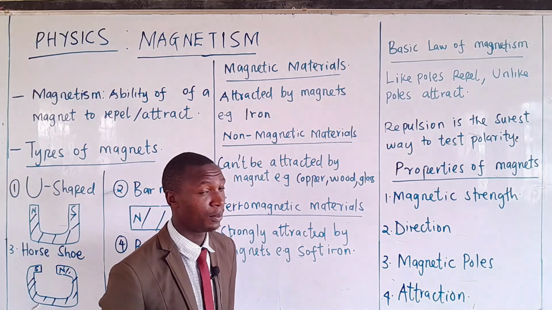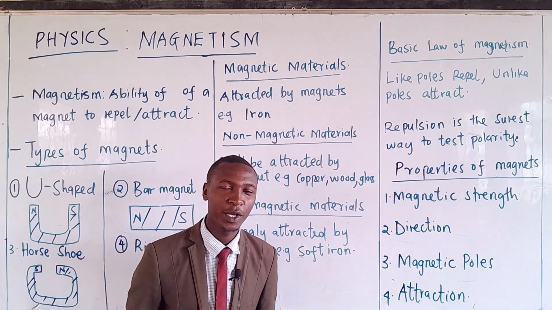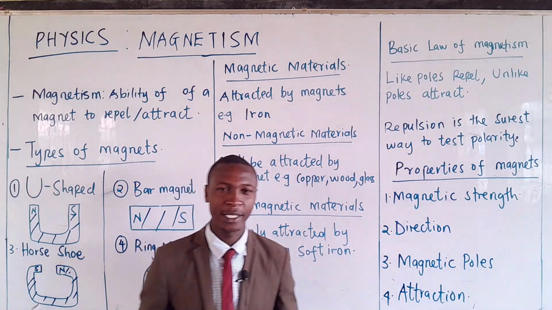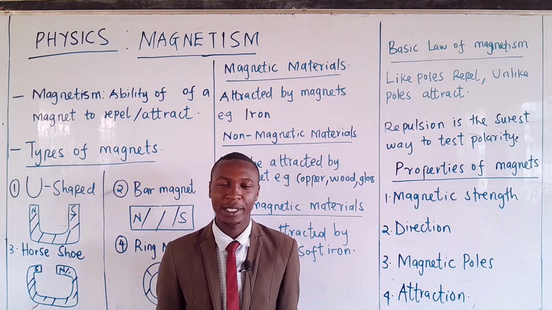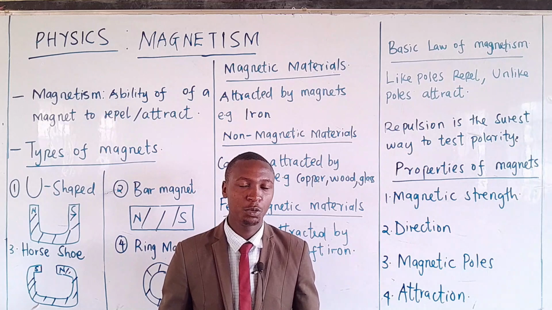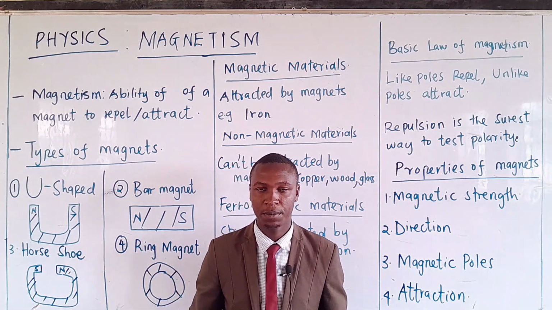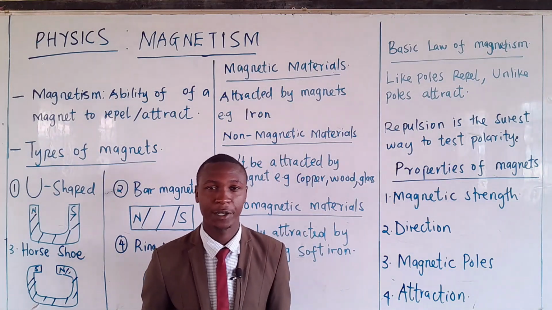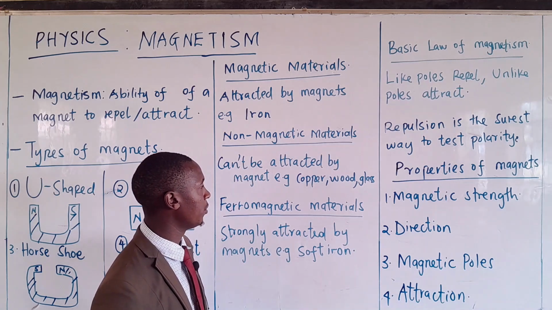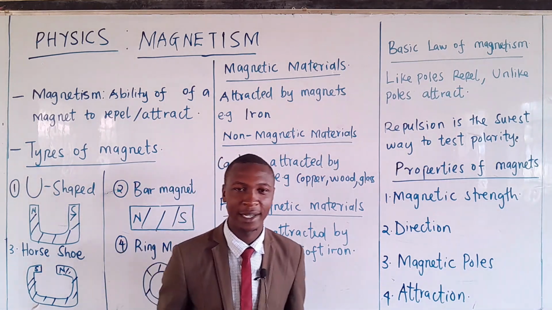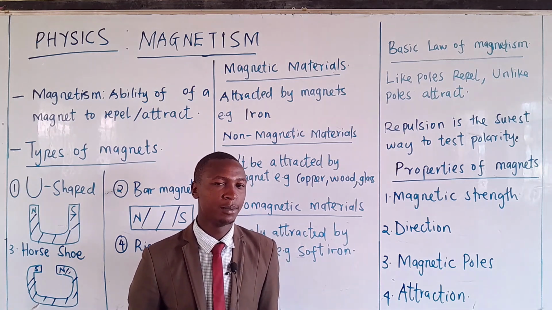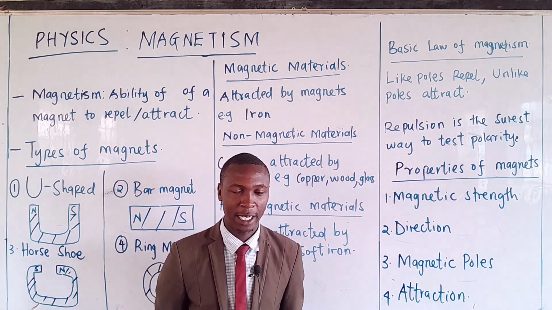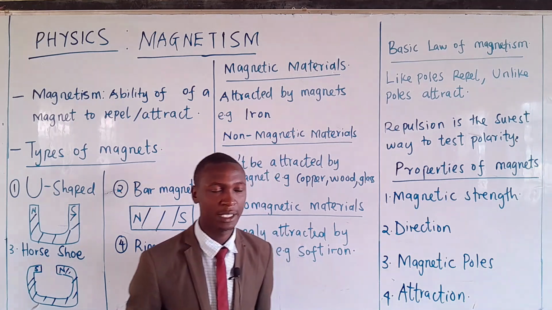We have so many examples, and we are going to discuss the poles, the dipoles, or the properties of these materials that make them non-magnetic in the later part of this lecture. Examples are copper, wood, glass, plastic.